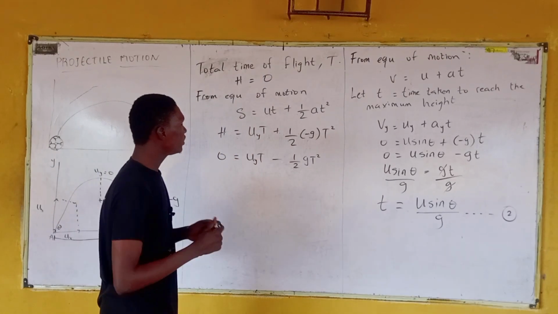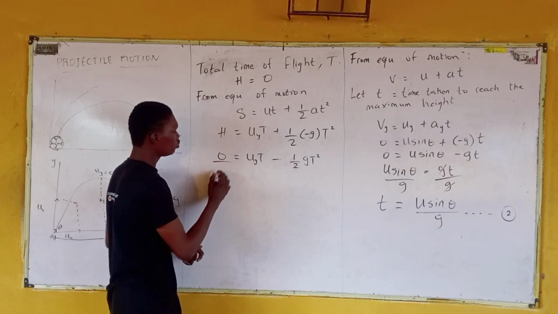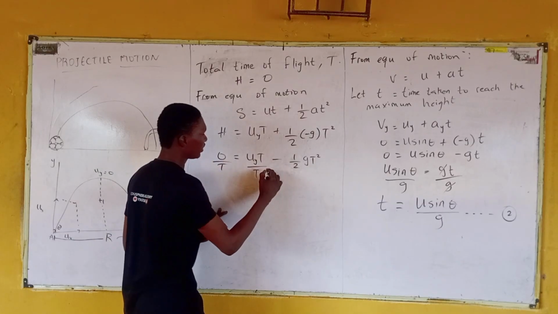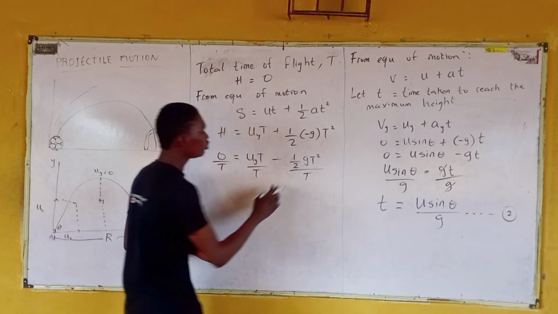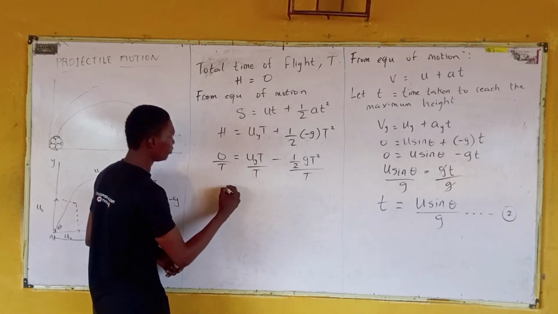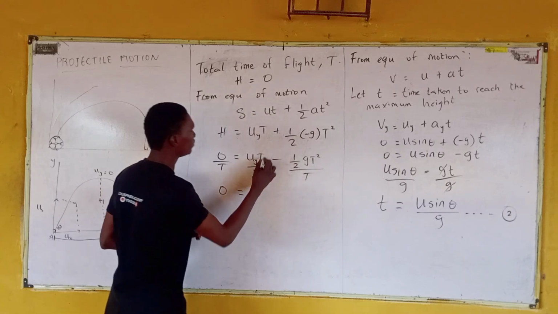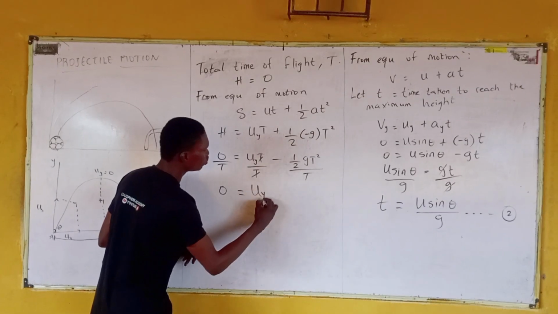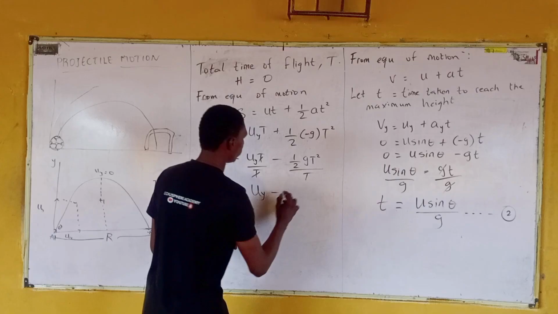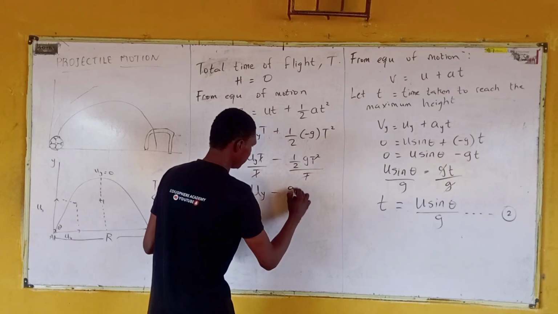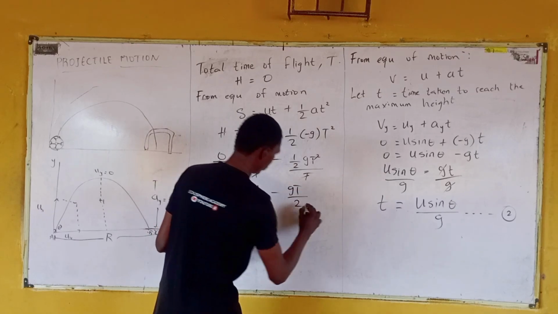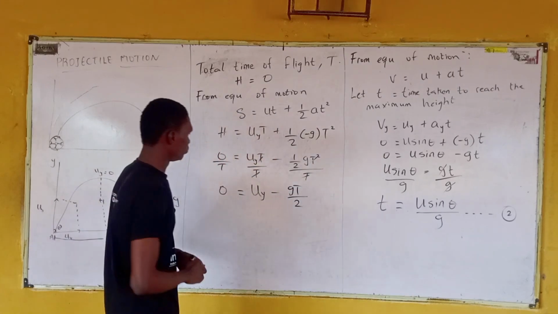So from here, we can divide all through by T. When we divide all through by T, 0 is equal to Uy minus, since T cancels T, we are left with gT over 2.